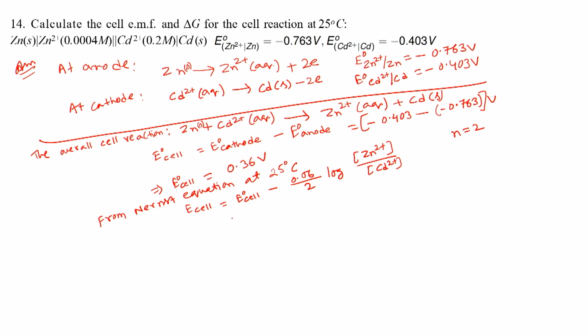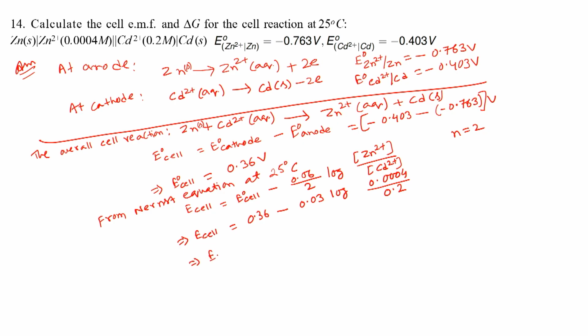So now we substitute the values. So E naught cell is 0.36 minus, this will give 0.03, log of concentration of Zn2+ which is 0.0004 and concentration of Cd2+ which is 0.2. So this is the E cell value.